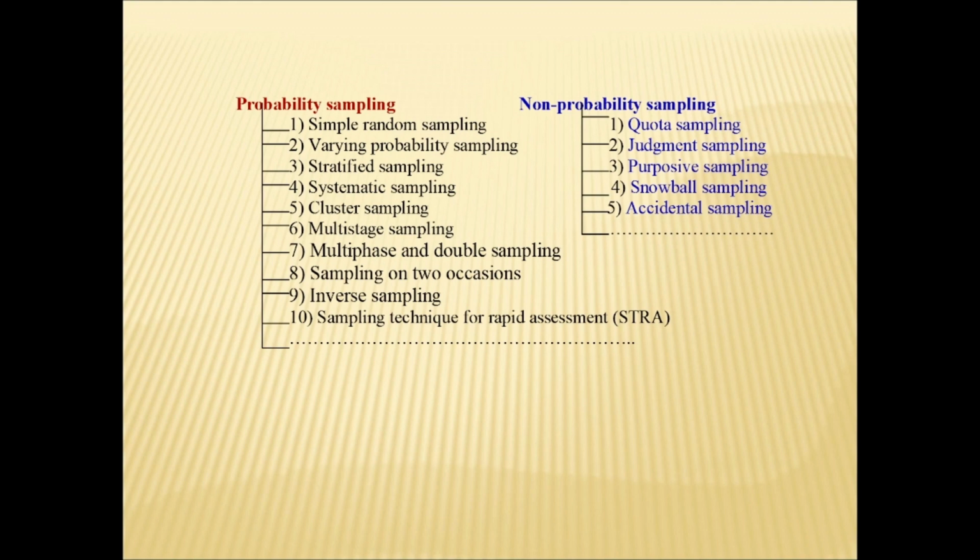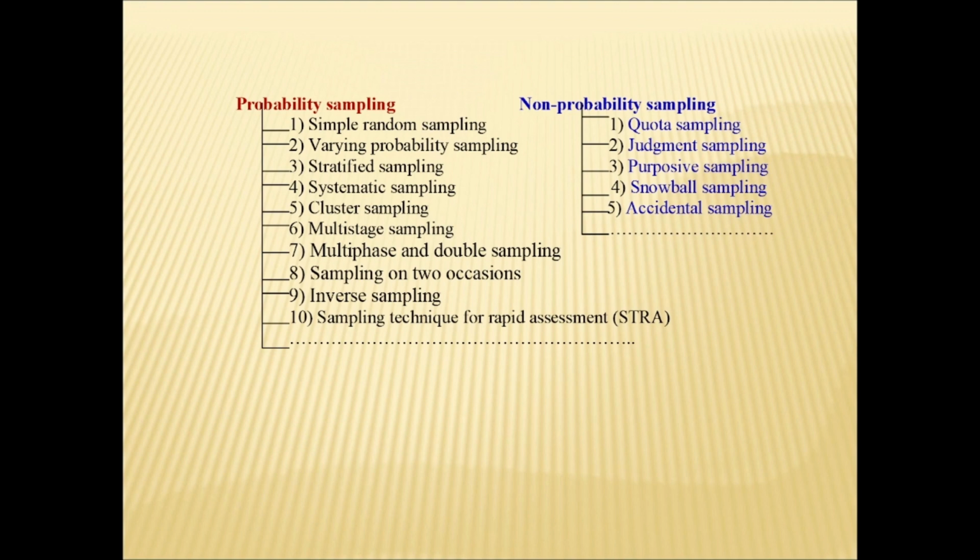Almost everyone is accustomed to simple random sampling: simple random sampling with replacement and simple random sampling without replacement. Simple random sampling is nothing but a unit being drawn from the population with equal probability.